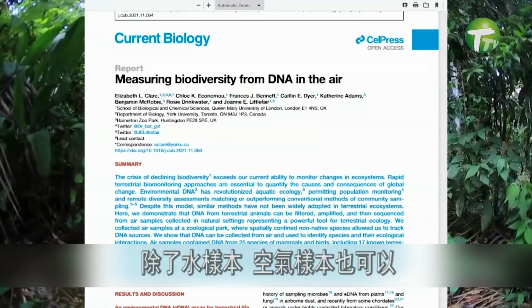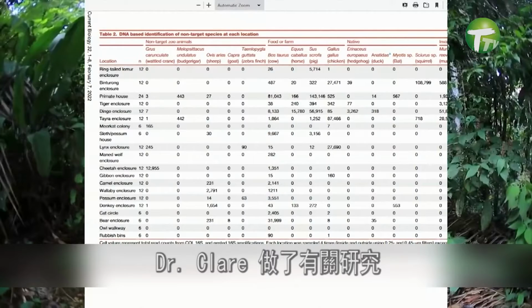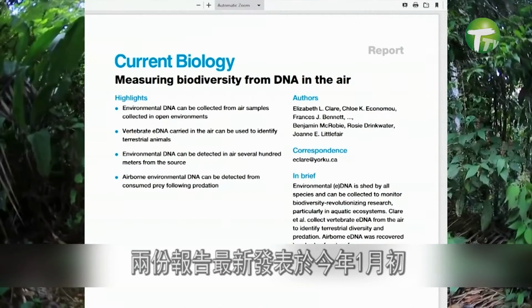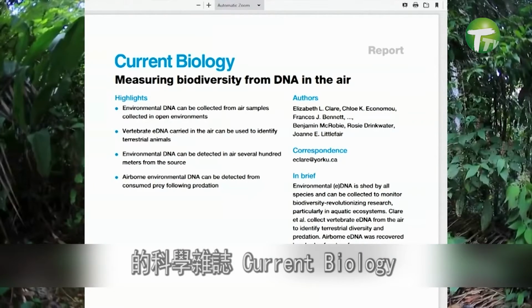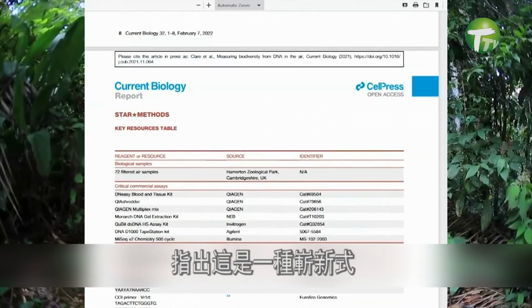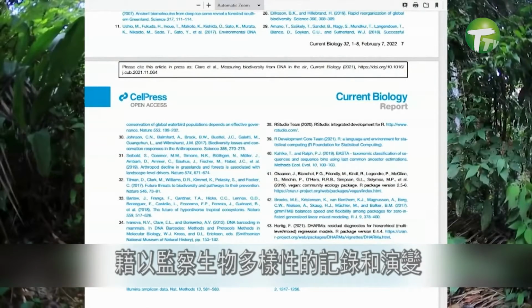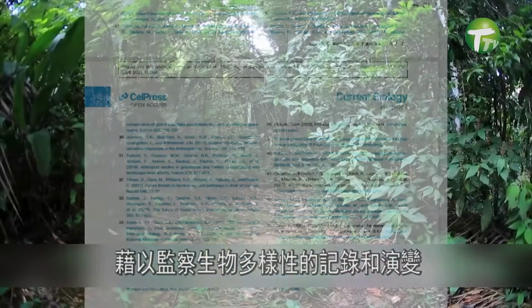除了水样本，空气样本也可以收集到 DNA 的信息。Dr. Calera 做了有关的研究，2份报告最新发表在今年1月初的科学杂志《现代生物》上，指出这是一种崭新式的非侵入性检测方法，借以监察生物多样性的记录及演变。What we're trying to capture is very, very tiny amounts of DNA that seem to be floating in the air.